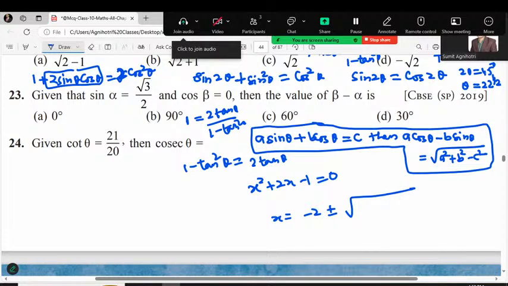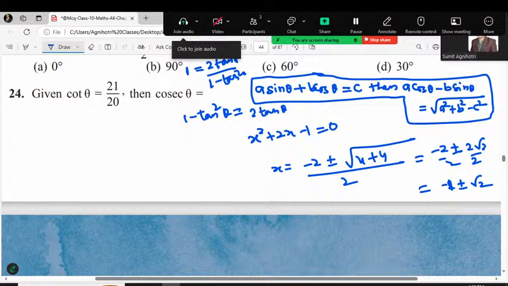And since it is acute, it must be root 2 minus 1. It's positive. Is there any option root 2 minus 1? You can see.